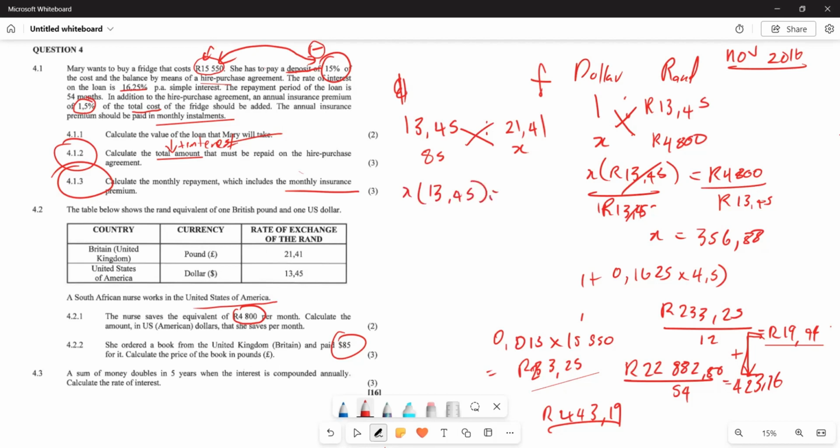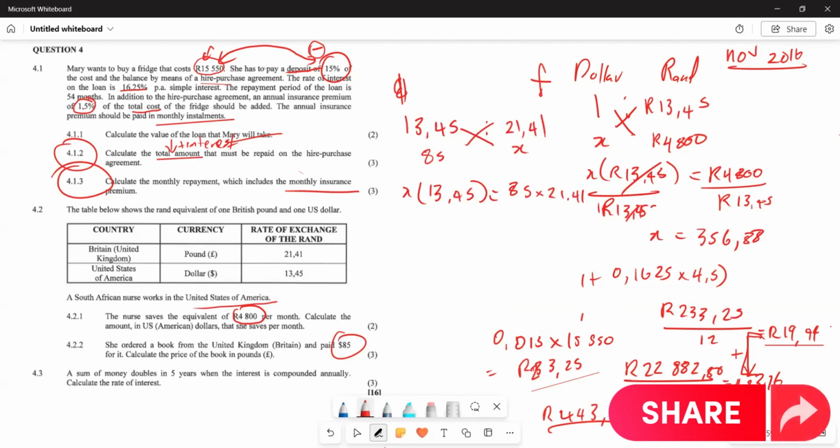Which is going to be equals to 85 multiplied by 21.41. Let's see whether we are doing the right thing here.